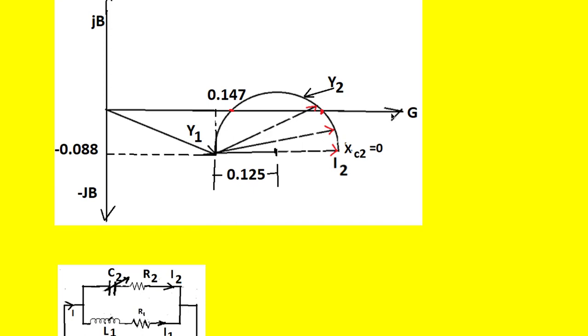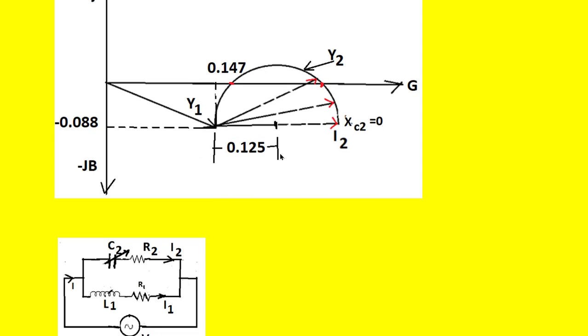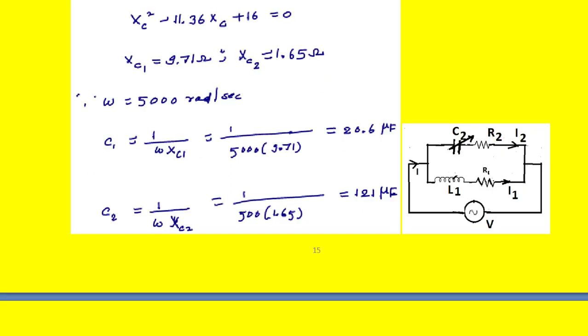If we get those capacitive values, we can say those are the resonant capacitors for resonance, one at this point, the other at this point. Having calculated those values, one capacitor value is 20.6 microfarads, whereas the other is 121 microfarads. So at these two capacitor values, this circuit will resonate.